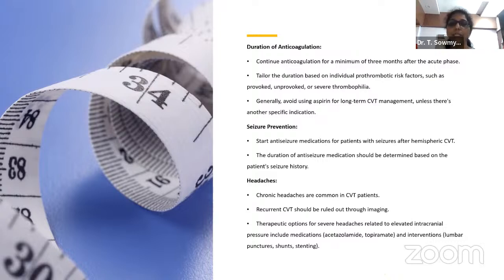And anti-seizure medication for patients with seizures after hemispheric CVT. The duration is determined based on the patient's seizure history. And for headache, we do give drugs which decrease the intracranial pressure like acetazolamide and topiramate, and interventions like lumbar puncture and shunts and stenting.